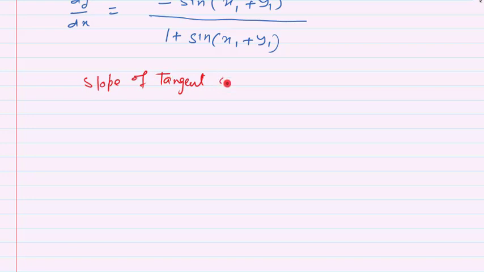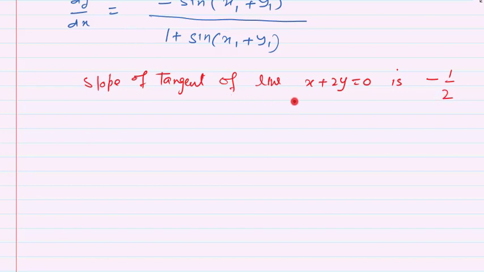Let me write the equation of the line as well. x plus 2y is equal to 0, using the concept of minus a upon b, we are having minus 1 upon 2.